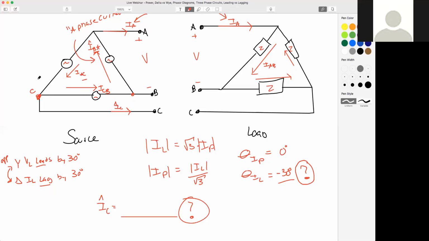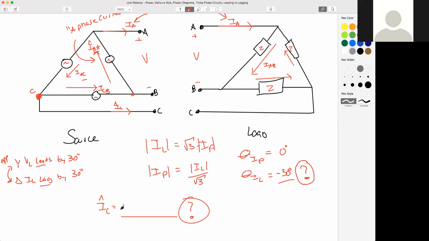I'm not going to go too deep into this. The circuit analysis bootcamp that should be done by the end of the week, we go heavily into KCL or nodal analysis. Essentially, every current entering a node equals every current leaving a node. So since we are solving for IC, we're going to set it equal to IAC since IAC is entering that node, right?